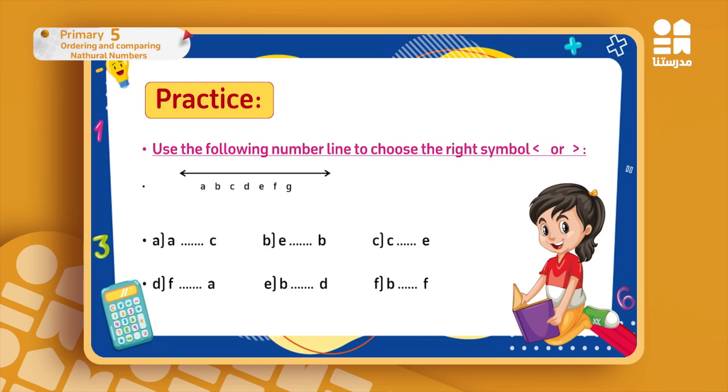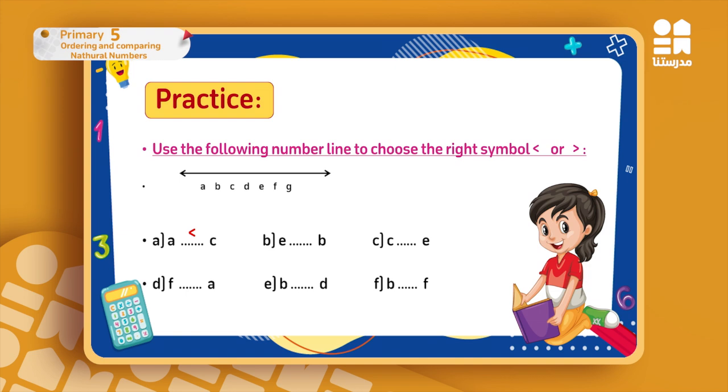To determine which symbol to use, I'll check my number line and see where A and C are. A is on the left hand side of C. This means that A is smaller than C. Then I will use the sign smaller than.